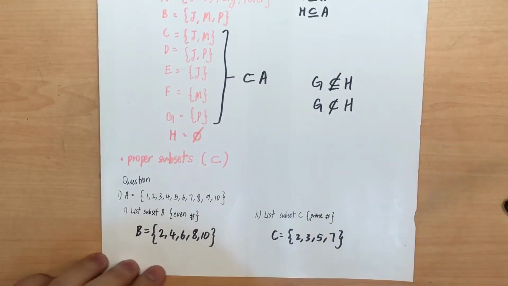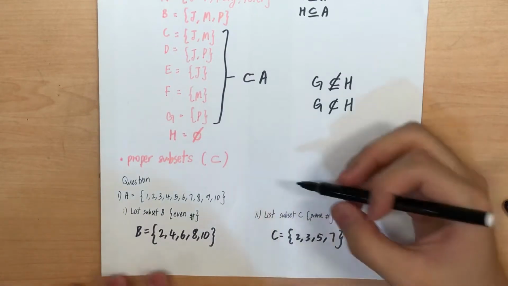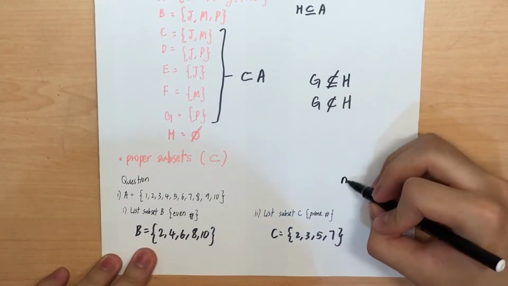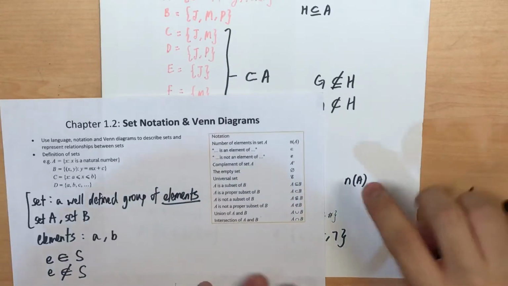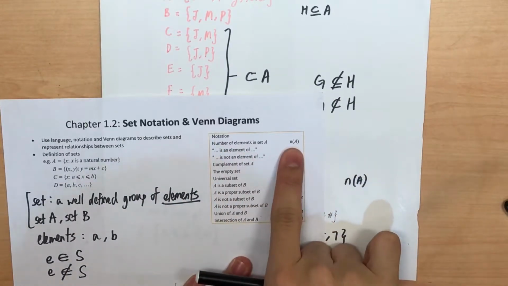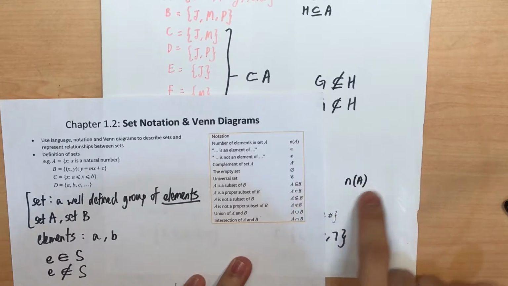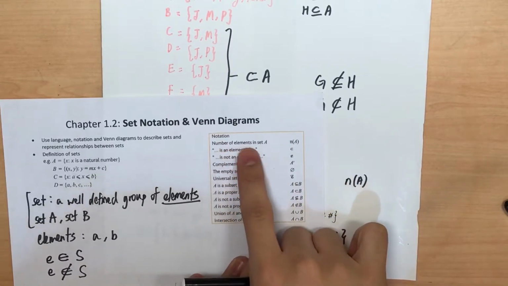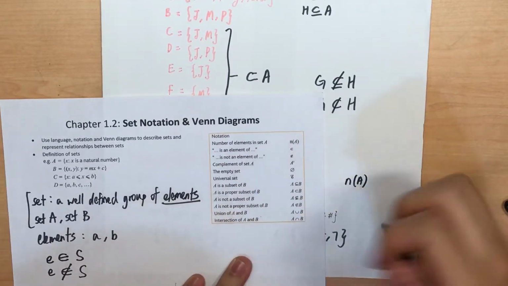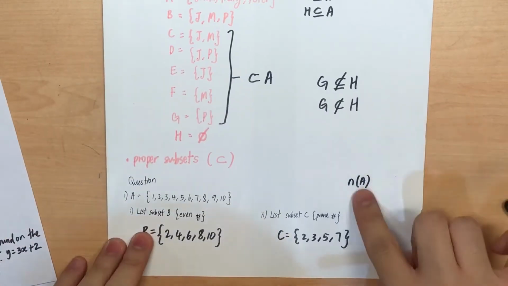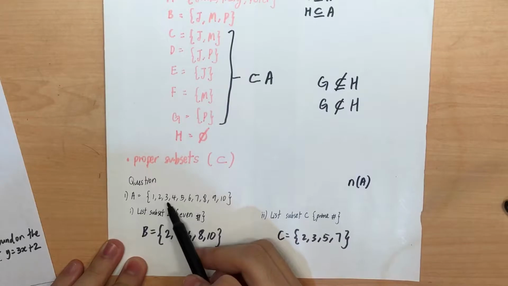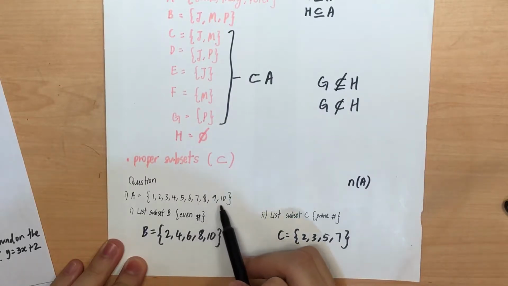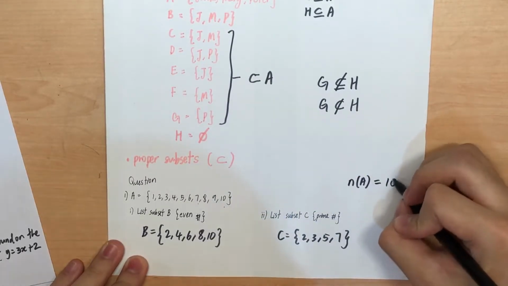So let me ask you another question. When we write this symbol, n, it means the number of elements in set A. So in this case, the number of elements in set A, there are 1, 2, 3, 4, 5, 6, 7, 8, 9, 10, so it equals 10.